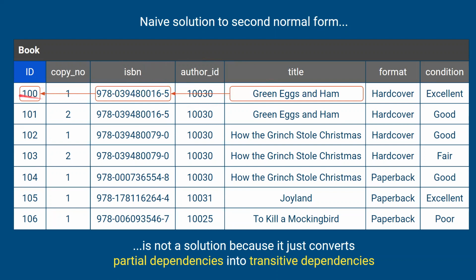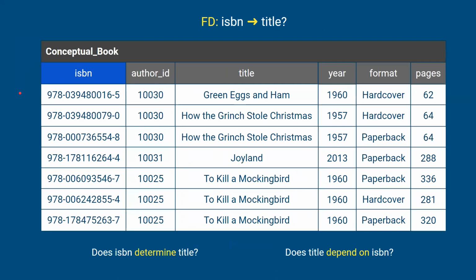By the way, does title depend on ID? Yes, it does, because remember the primary key determines everything else. So everything else depends on the primary key always, but it really depends on it through another one, which is why it's called transitive. Okay. So does the ISBN determine the title?